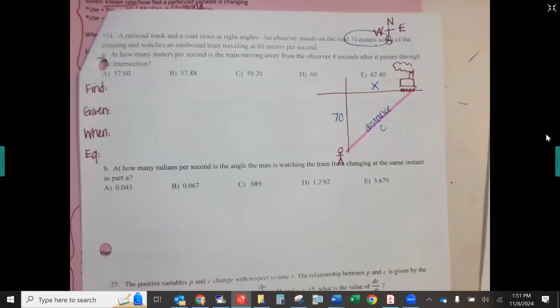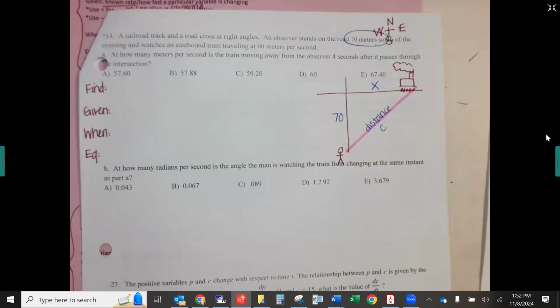So basically, this is a right triangle, but you want to use the letters and numbers on that triangle. Rather than doing a squared plus b squared, you want to say 70 squared. That way when you take the derivative, you're not wondering what the a and t are, since I only have a dC/dt and a dx/dt.